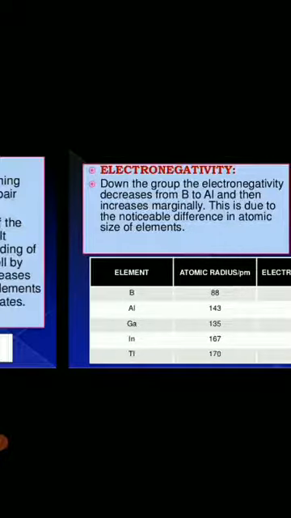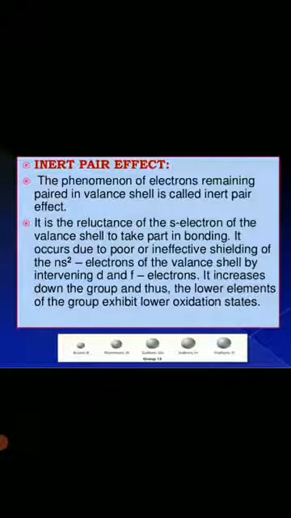Now students, a very important effect is the inert pair effect. The phenomenon of electrons remaining paired up in the valence shell is called inert pair effect, or we can say that it is a reluctance or inability of the s electrons of the valence shell to participate in bond formation, and it occurs due to the poor or ineffective shielding of the ns2 electrons of the valence shell by the intervening d and f electrons.